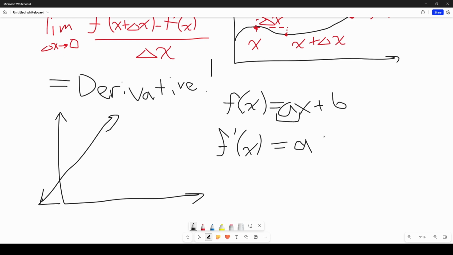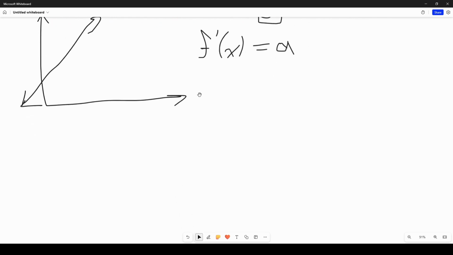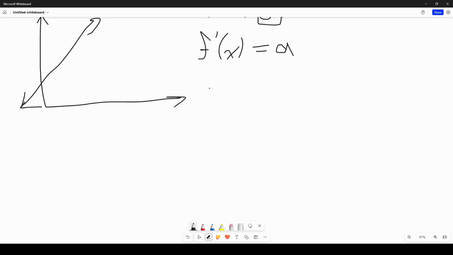Now we know this is true, but let's see if we can find the same value using our limit definition of the derivative. So let's rewrite it. Limit as delta x approaches 0 of f of x plus delta x minus f of x over delta x.